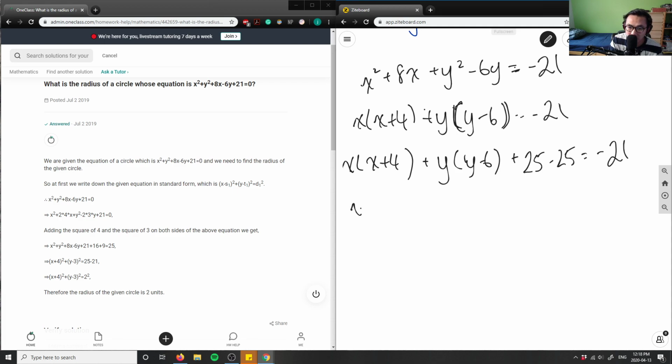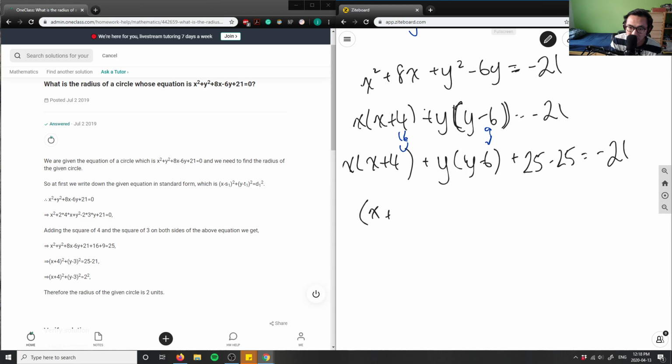And then what I can do is I can group this together. So x plus 4. So this now becomes, if you split the 25 up to 16 here and 9 here, you would get a perfect square trinomial by putting the 25 back inside the bracket.